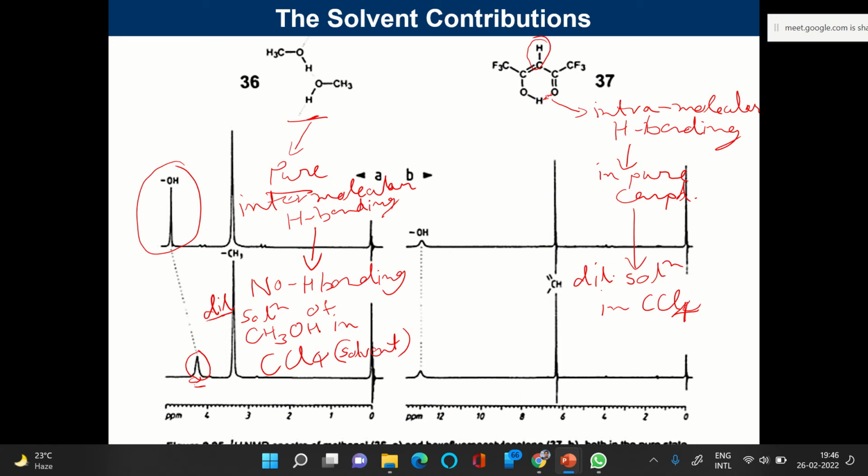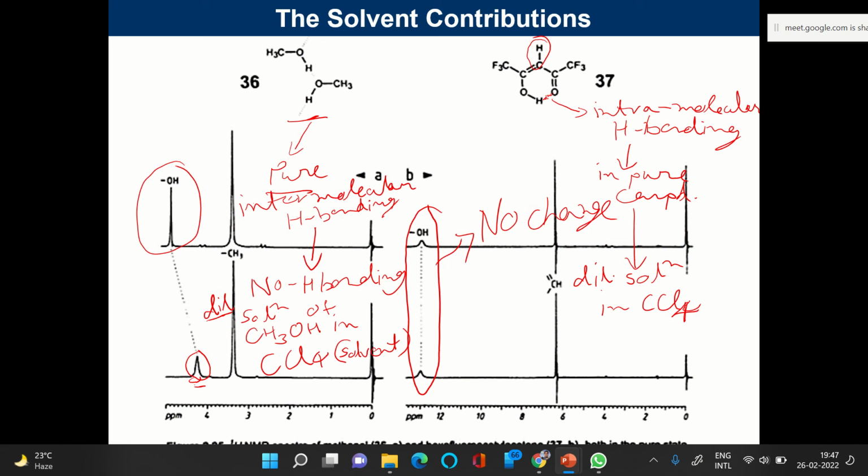So what you see here remains unaffected, no change, because it is intramolecular. This hydrogen bonding interaction is not affected by change of solvent, because it is inherent to the structure of the molecule.